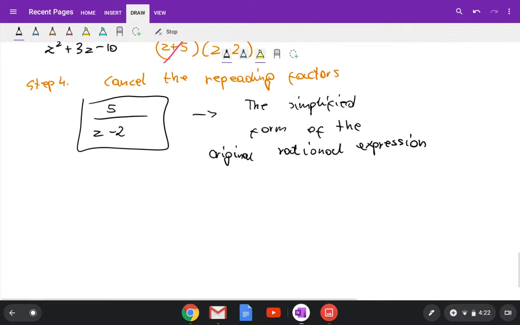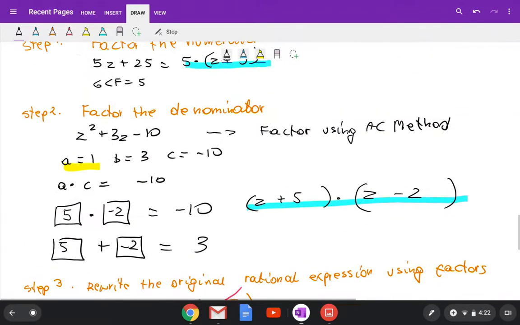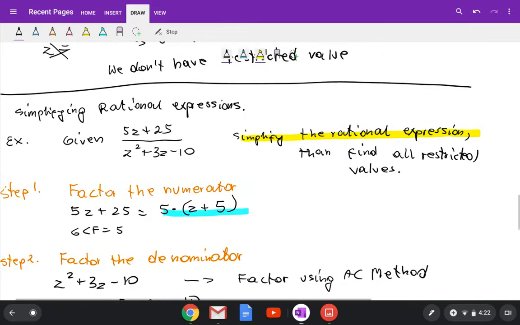Okay, so we have this. Now I want to go back, because on the next test I will ask you to simplify a rational expression, and of course I'm also going to ask you to find all restricted values. So let's review that.